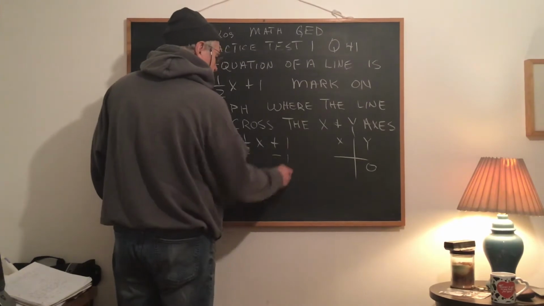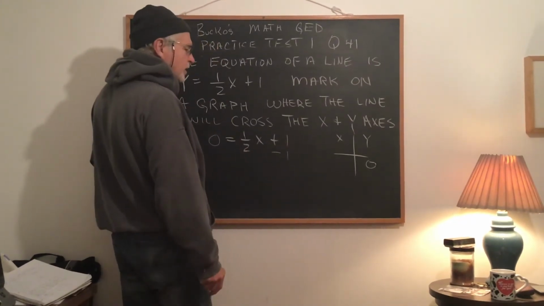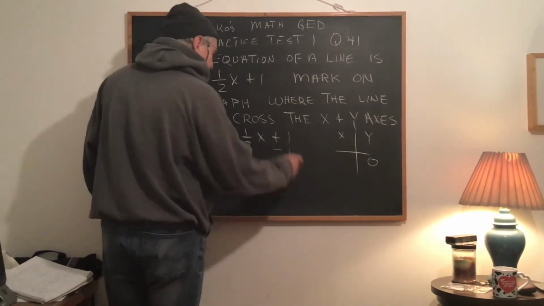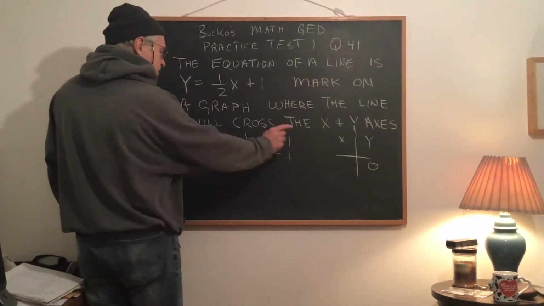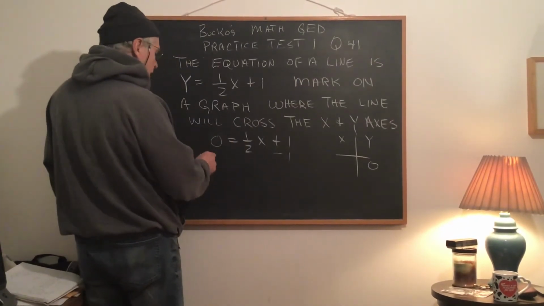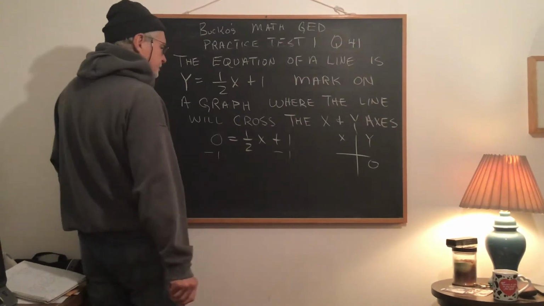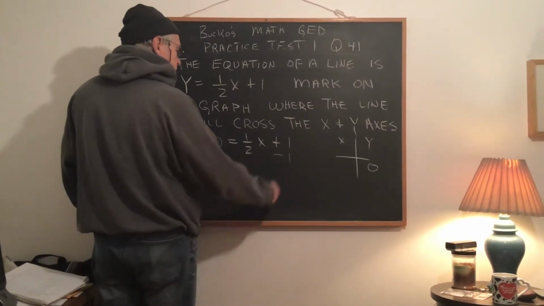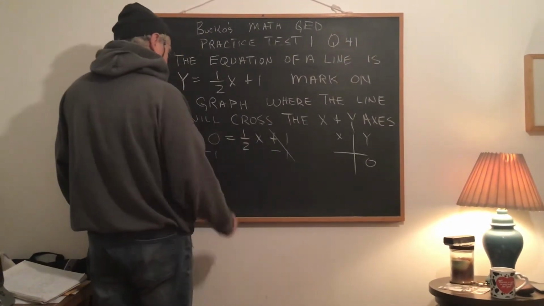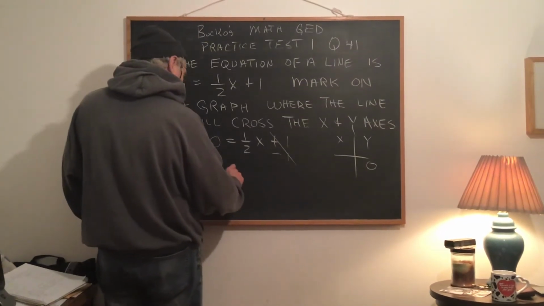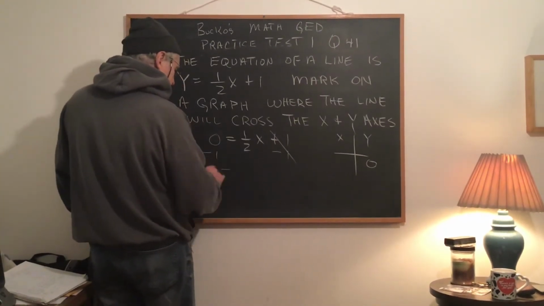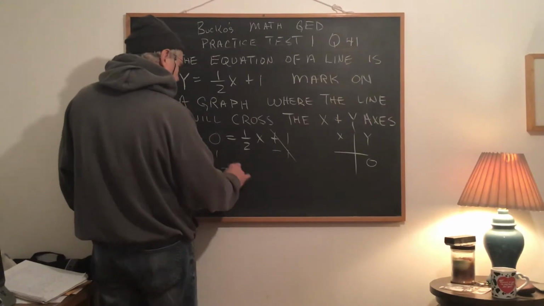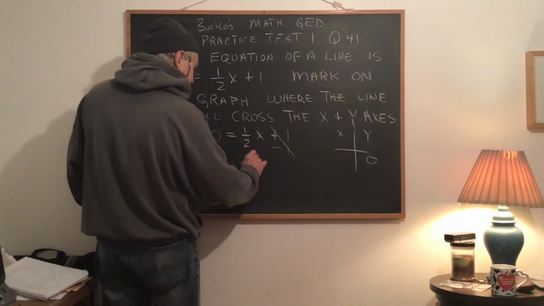A -1 and a +1 collapse to 0, and that's a cool thing. But if we do this to this side of the equal sign, we got to do the same thing over here, -1. So all this collapses to 0, and 0 plus a -1 is a -1, is equal to 1/2 of x.